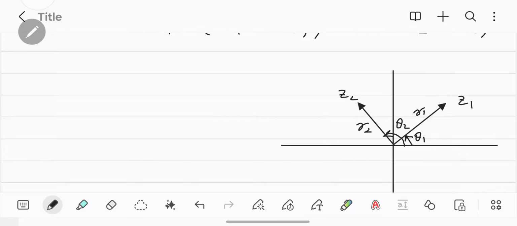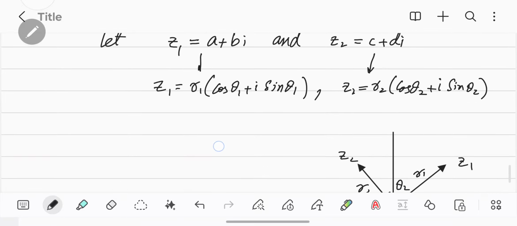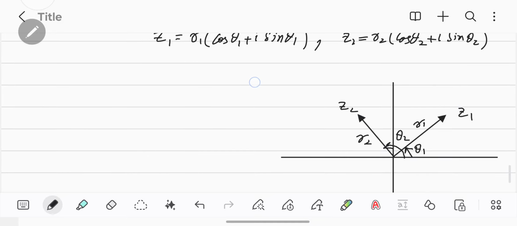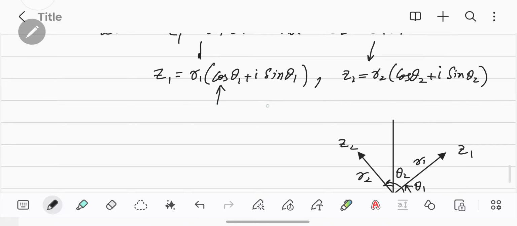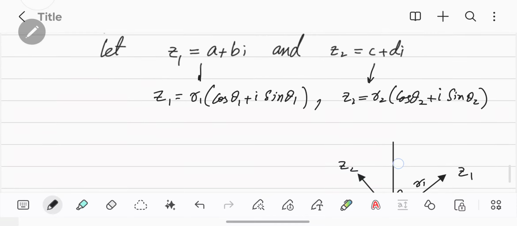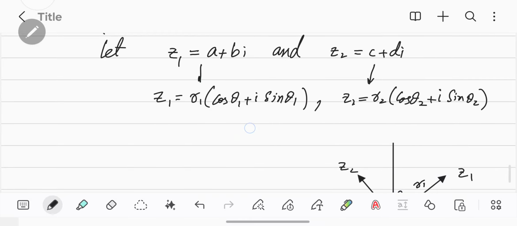So in this way you can write z1 is equal to r1, since the radius of z1 is r1, times cosine of the angle plus i sine of the angle. Since the angle is theta 1, the polar or trigonometric form of z1 is this one.